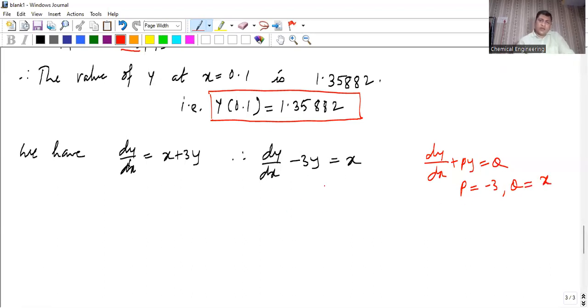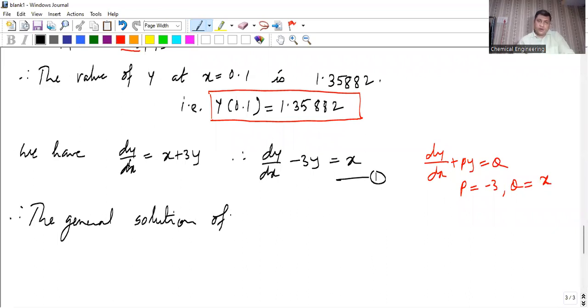So this is a linear differential equation with constant coefficients, and the order of this linear differential equation is 1. So we can write the general solution. I'll write this as equation 1.